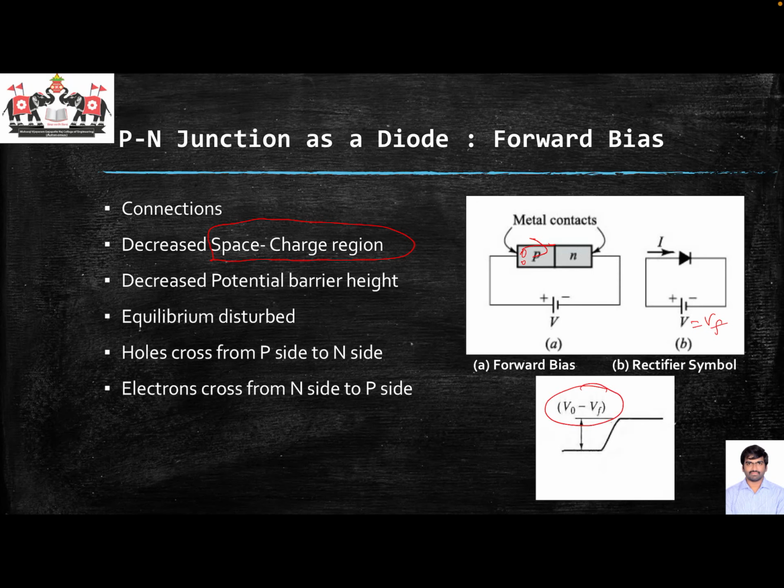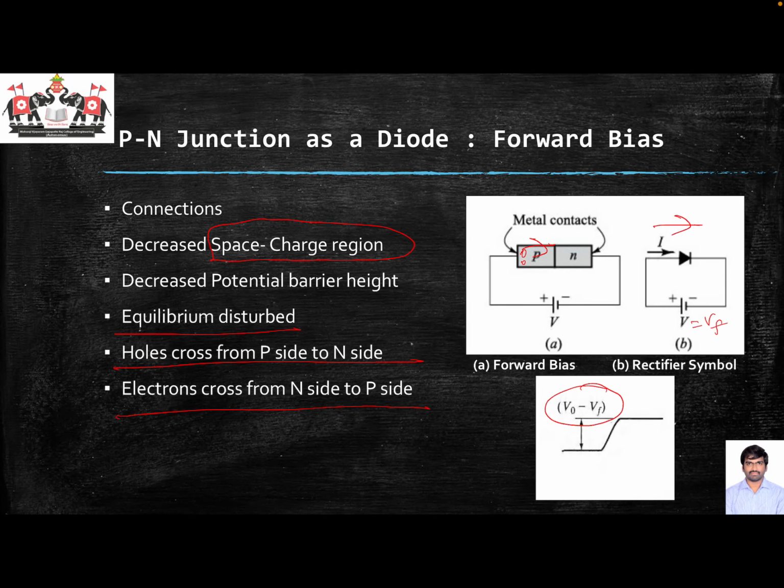The earlier equilibrium is disturbed and a new equilibrium is formed. Now more holes will cross from the P side to the N side and electrons will cross from the N side to the P side, increasing the conventional current. This is your conventional current direction.